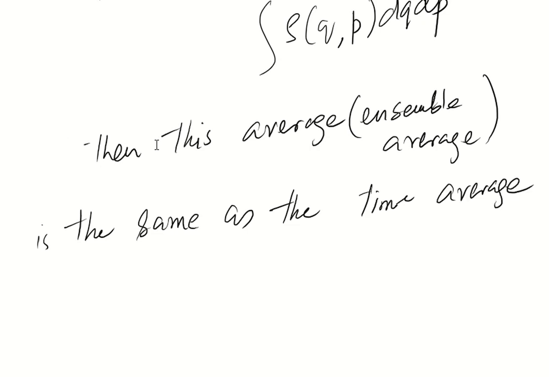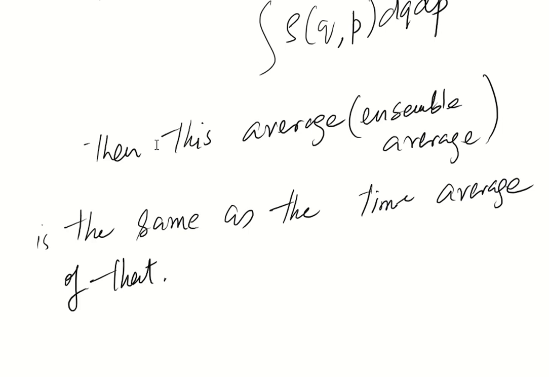So how do we take a time average? We measure that variable a number of times, like 10 times, 20 times, and then we note the time of all those measurements, and then we divide the value of that variable with time, and that's what we call the time average.